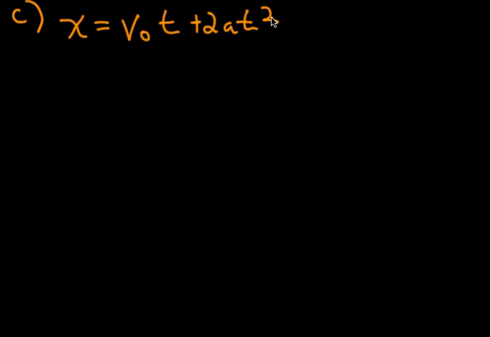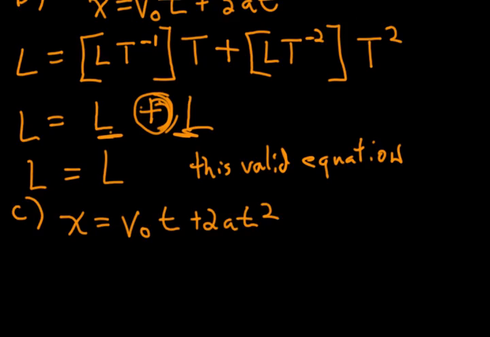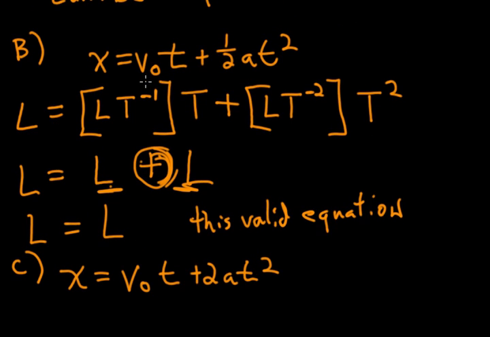Alright, so let's look at C. We're playing the same game. And we're given the equation x equals v naught times t plus 2at squared. Well, what we want to do here is we could really look between the last two problems and note that term is the same.